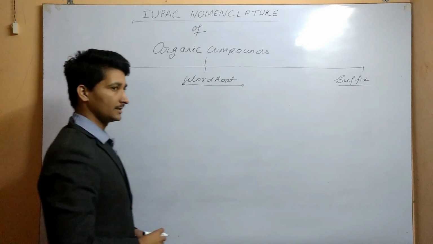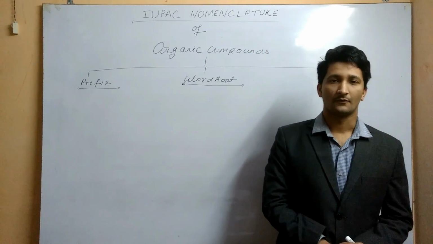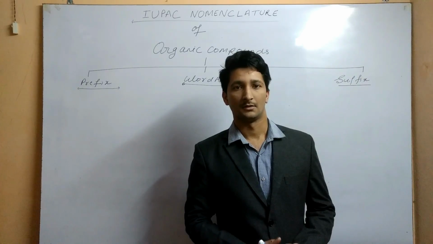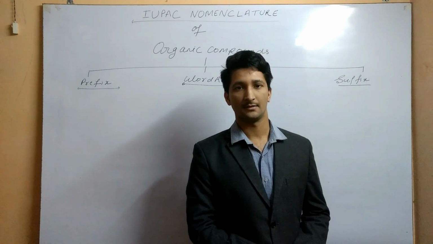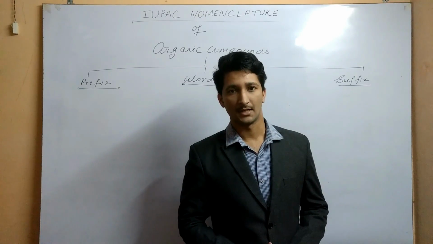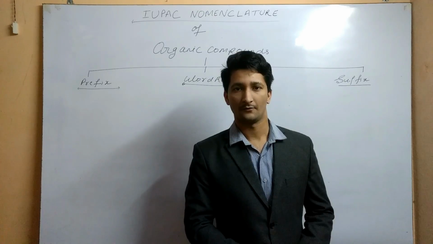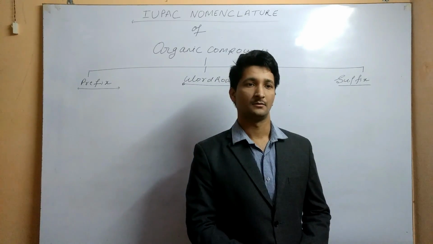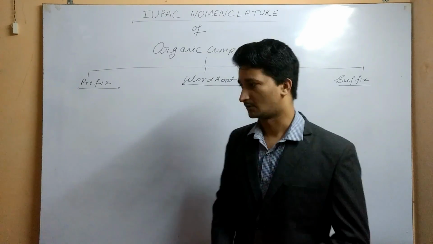Now let's start with word root. In the nomenclature of organic compounds, we select the longest chain and we call it the parent chain. In this parent chain there can be 1, 2, 3, 4 up to n number of carbons, and these numbers of carbons in the parent chain are denoted by the word root.